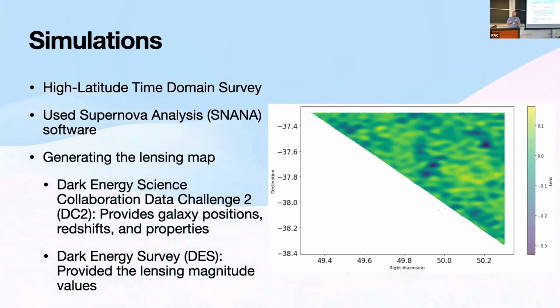So we took galaxies from the DC2 from DESC, and then we superimposed and paired that up with a foreground lensing map that was derived from the Dark Energy Survey. And so you can see here on the right, this is our magnification map.